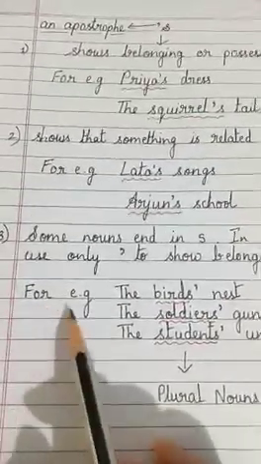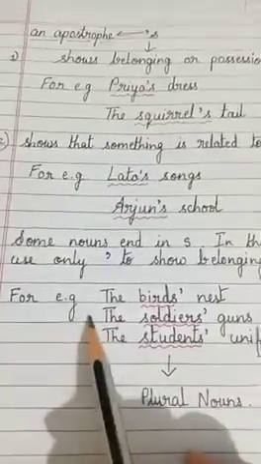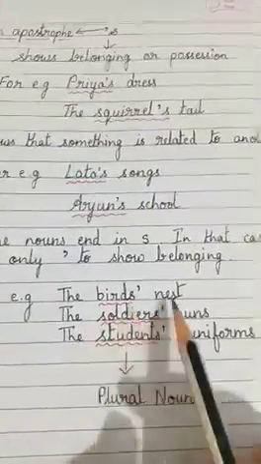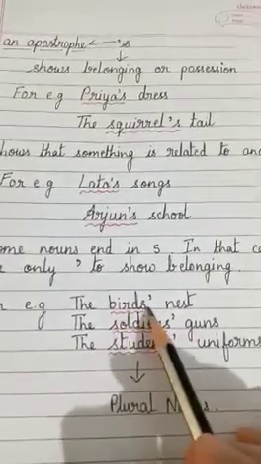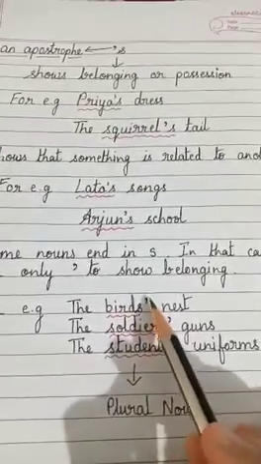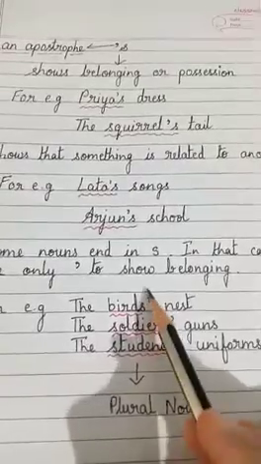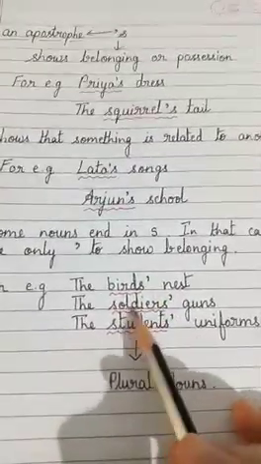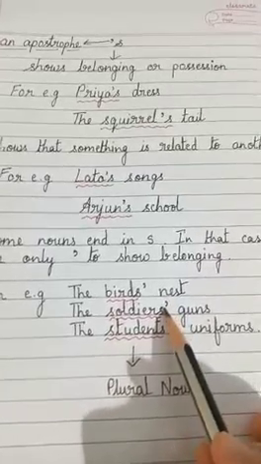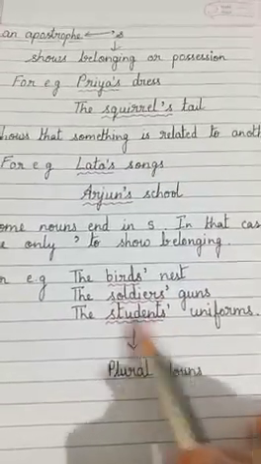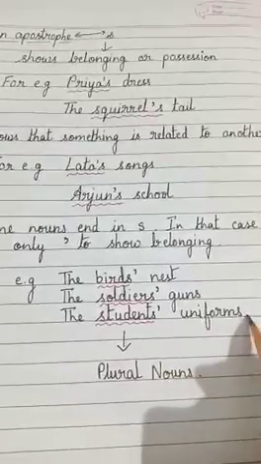So children, I'll show you the example. For example, the birds' nest. That means birds is what? Plural. So no need of putting apostrophe and S. Only apostrophe. Soldiers. It is plural also. Just put apostrophe. Students. The students' uniforms.